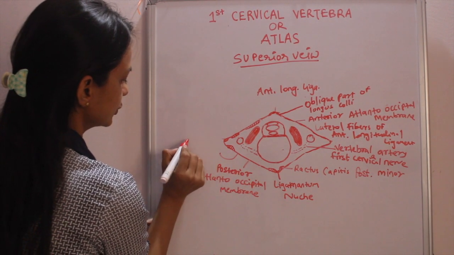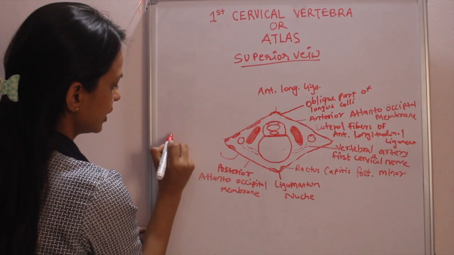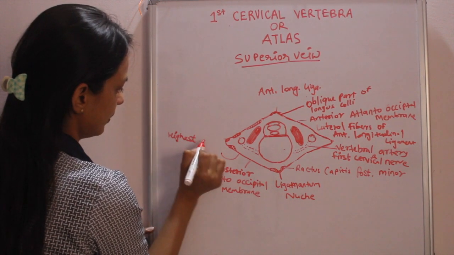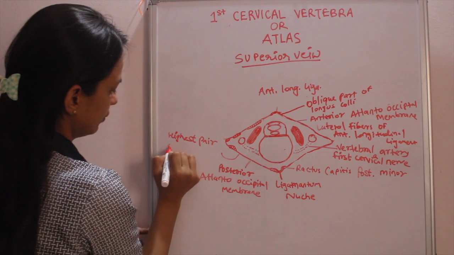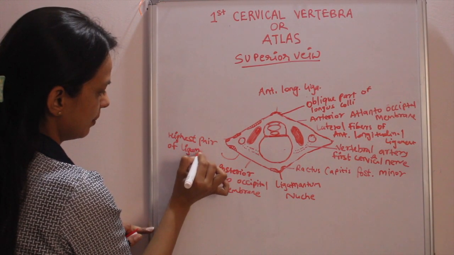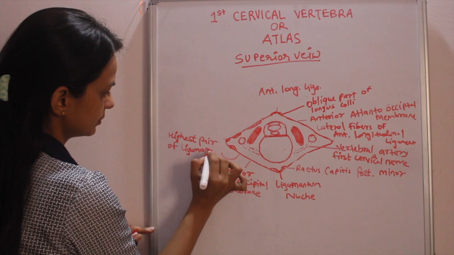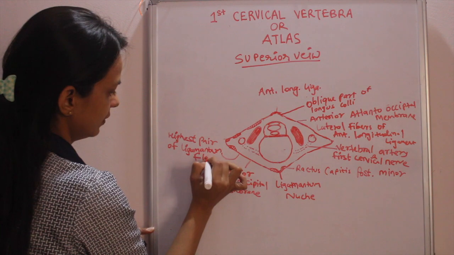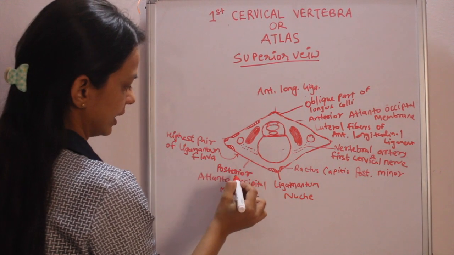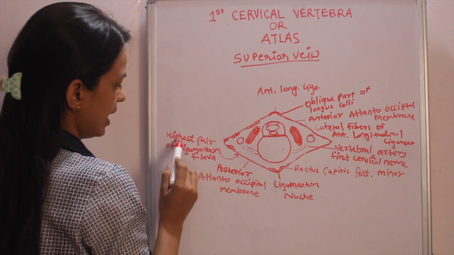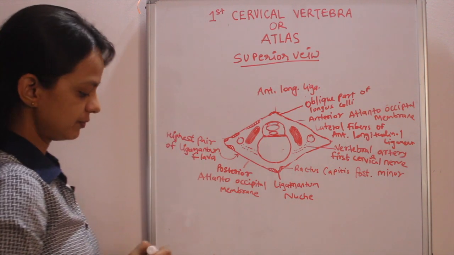The lower border of the posterior arch provides attachment to the highest pair of ligamenta flava, at the lower border. So at the upper border is the posterior atlanto-occipital membrane, and at the lower border the highest pair of ligamenta flava.